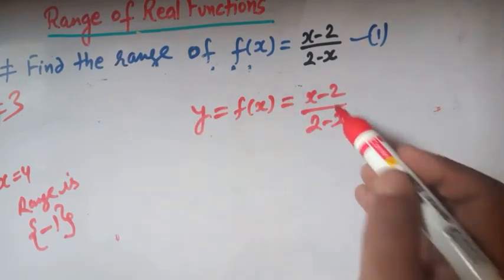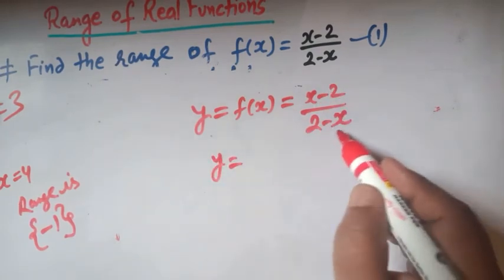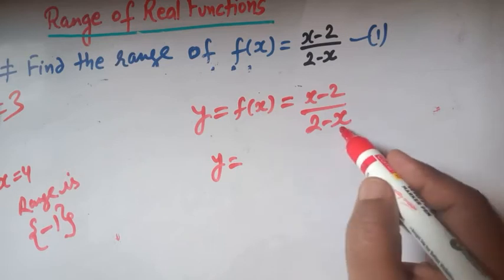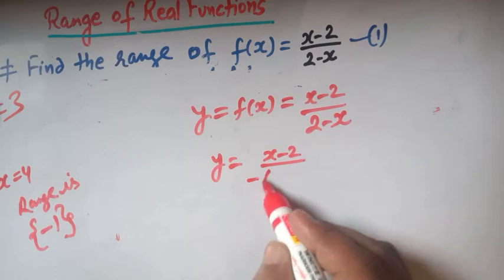Clear? Now if I take minus sign common from the denominator, what we will get? X minus 2, and we have minus of x minus 2.